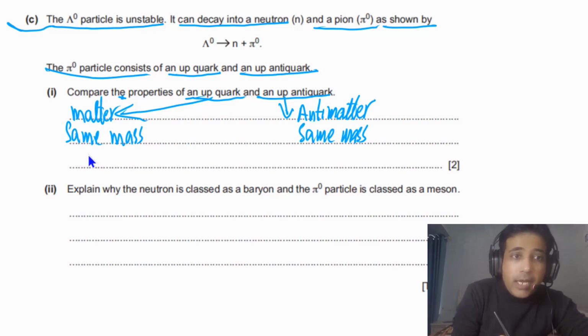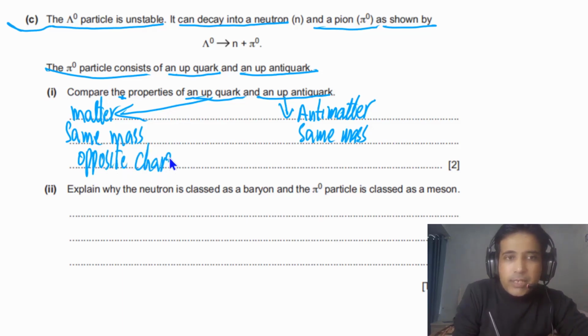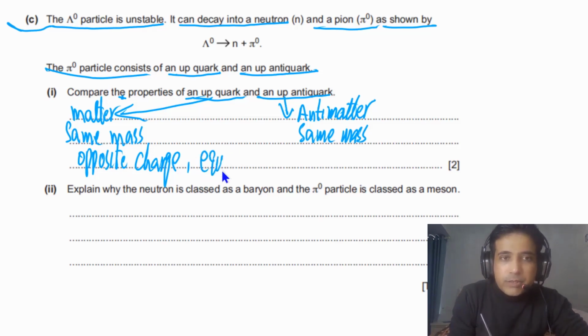But they have opposite charge. Quark and anti-quark have opposite charge. So we can also write down they have opposite sign of charge, and the magnitude of charge is the same. They will have equal magnitude of charge.